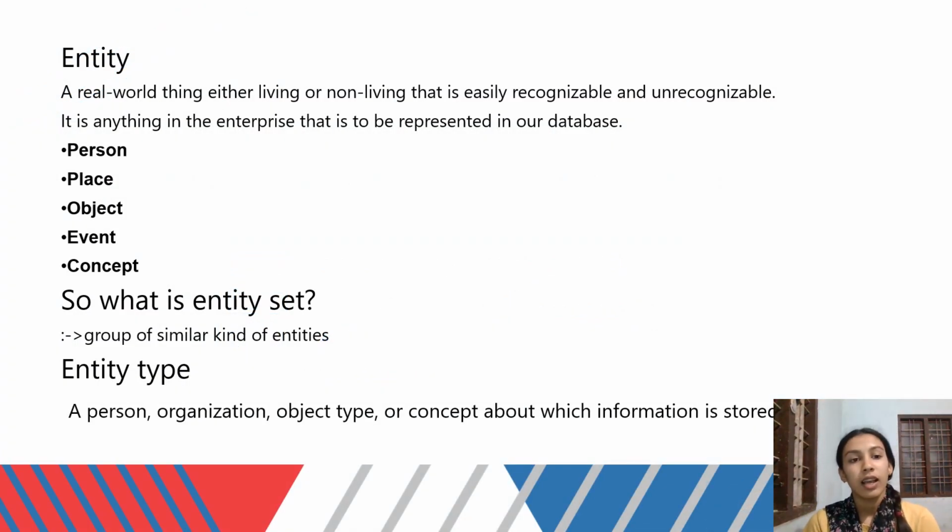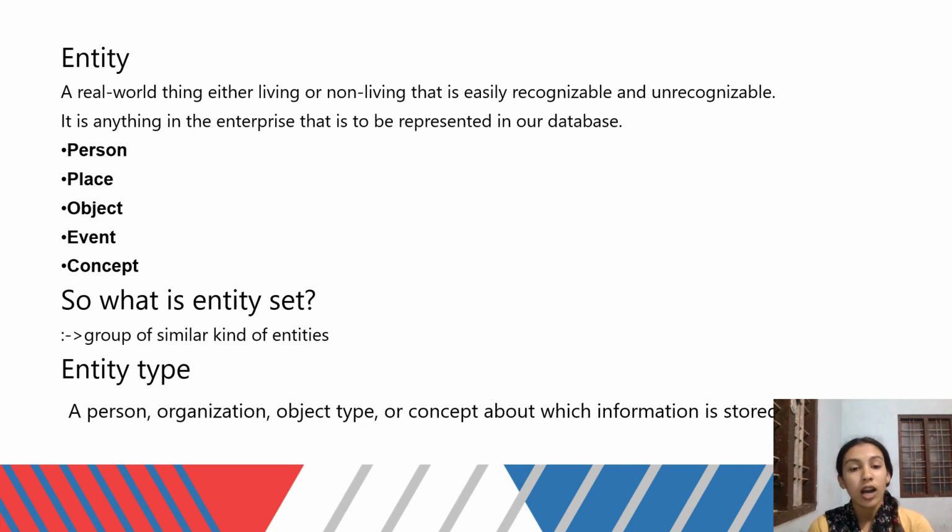And the next topic is entity. What is an entity? A real-world thing, either living or non-living, that is easily recognizable and unrecognizable. It is anything in the enterprise that is to be represented in our database. So it can be a person, a place, an object, an event, or a concept. Okay, so let car be an entity. There may be a different number of cars, and let car 1, car 2, car 3 be in the entity.